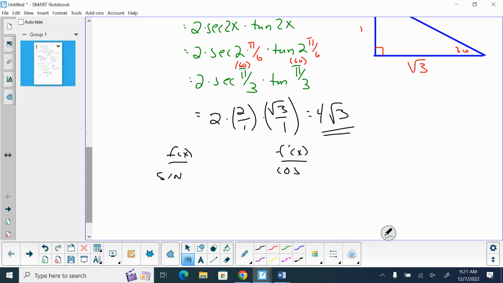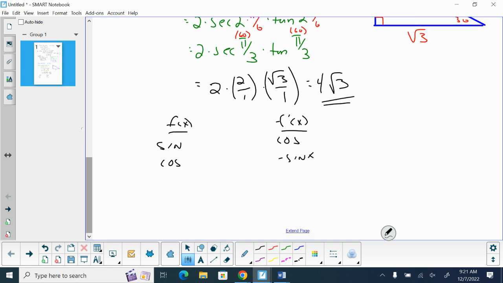We have to remember is function and derivative. Function sine, derivative is cosine. Function is cosine, we have negative sine of x. If we have the secant, we have secant tangent.